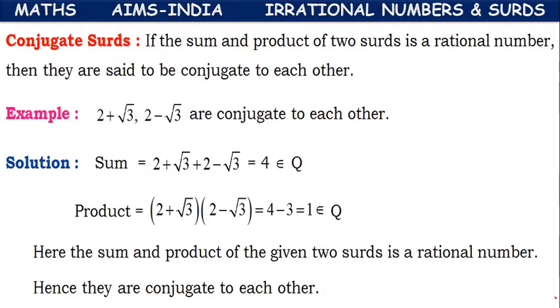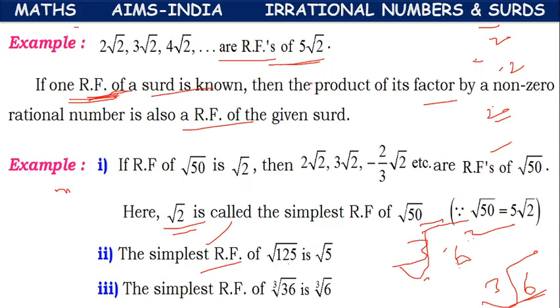So next, conjugate surds. If the sum and product of two surds is a rational number, then they are said to be conjugate to each other. Just now we have seen the rationalizing factor. Rationalizing factor means if we multiply with what number, a rational number will come.